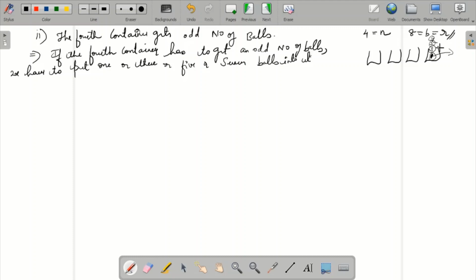Either it can have 1 ball, or 3, or 5, or 7. So it is an either-or case.